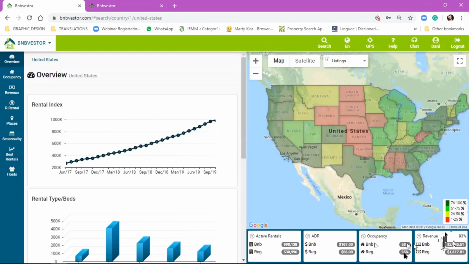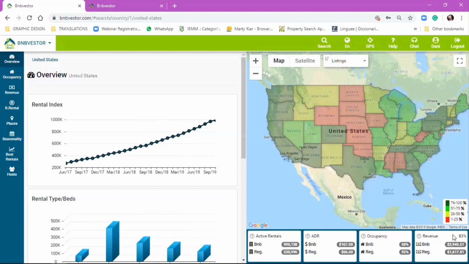Which is going to give you this percentage up here, which is the most important. It's the additional revenue. So the additional revenue is what you're going to get additional to the regular rental. It means that you're going to receive additionally from the regular rental 83% of revenue. Okay, so in this case analyzing, and I'm telling you without even going into the system and deeper, what's best to do as a business.